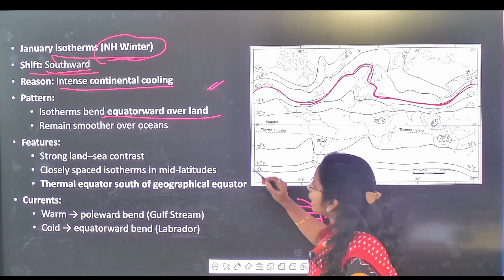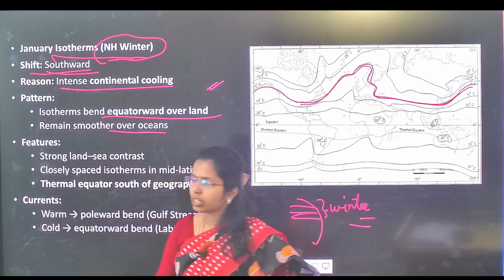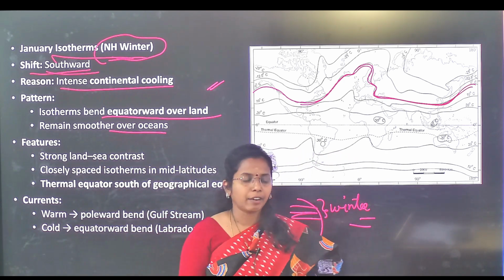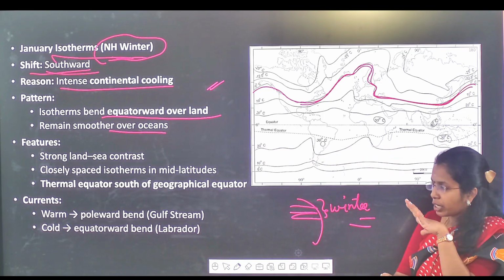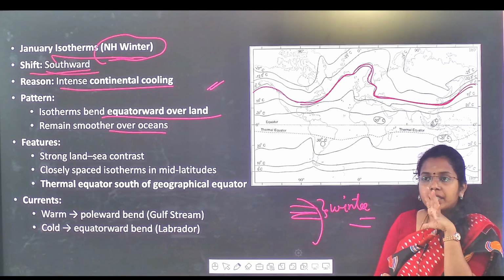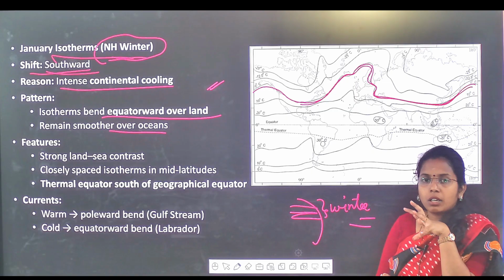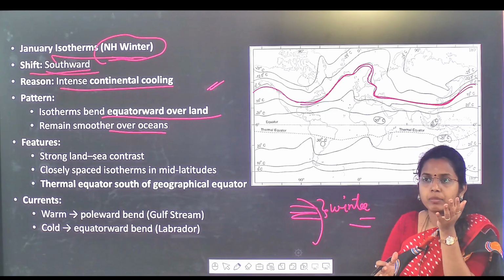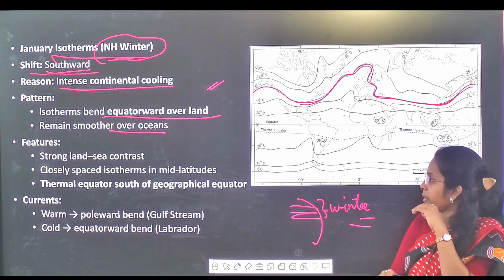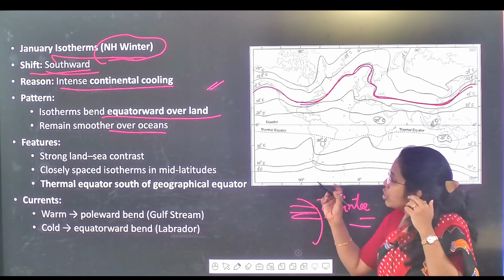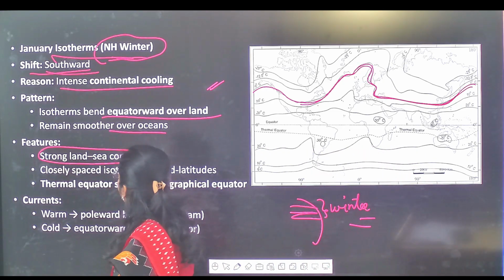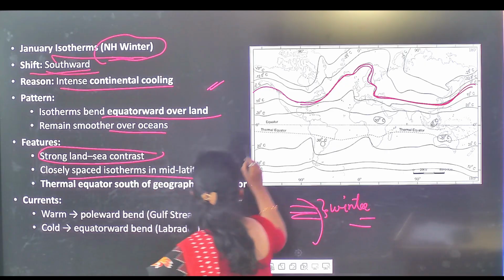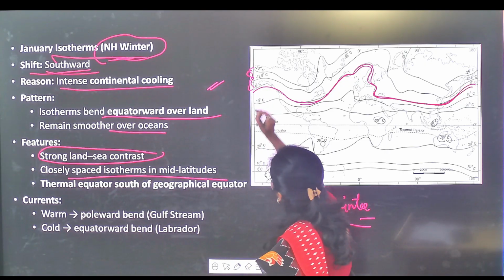Southward shift. Isotherms remain smoother over oceans, whether in July or January, because oceans don't get heated fast, it takes time, and temperature is uniformly distributed over oceans. Strong land-sea contrast we see in January, and closely spaced isotherms in mid latitudes.